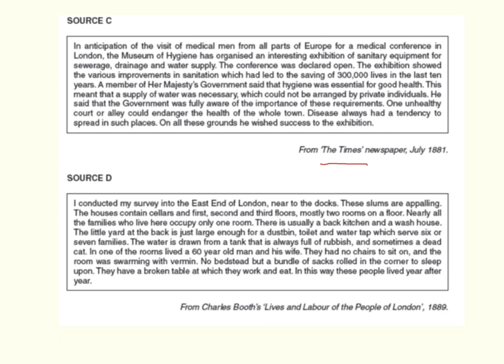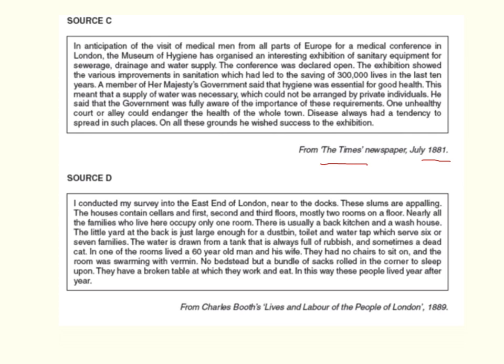It is a difficult newspaper to read for the poorer working classes, many of whom have quite a limited grasp on literacy. So the Times is mainly for the richer people in society. It's also written in 1881, so it's not too long after the 1875 Public Health Act, which some could say is still knocking about. Some people are still very energetic and very optimistic about how much of an effect this has had.